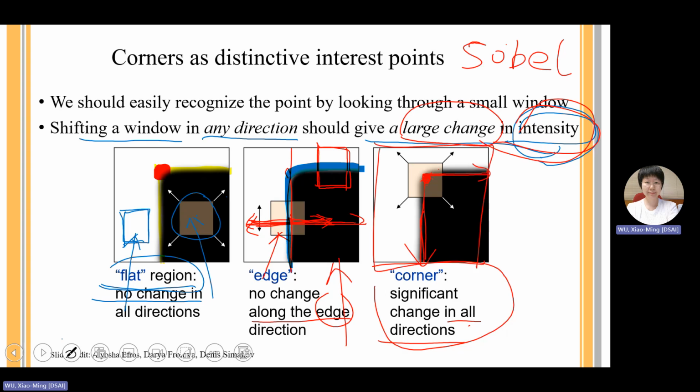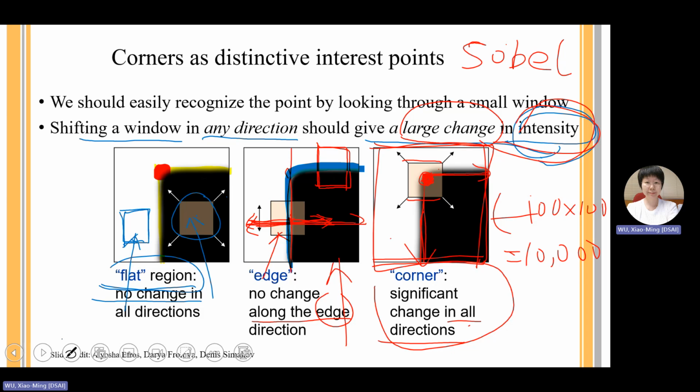How to identify, for example, this corner point? Let's say the size of this image is 100 by 100. Then there are 10,000 pixels in this image, and we want to identify those pixels which represent corners.